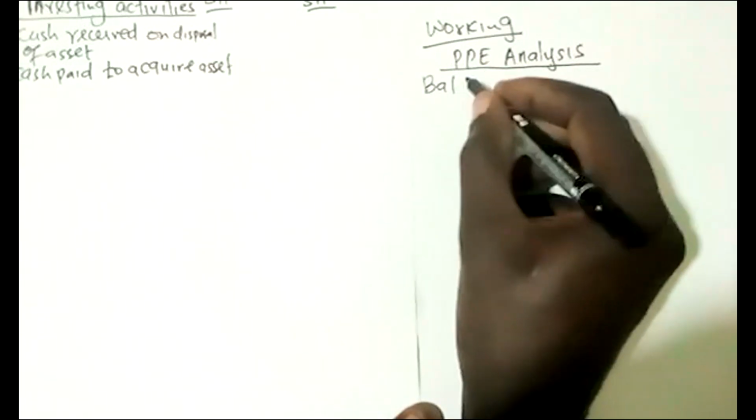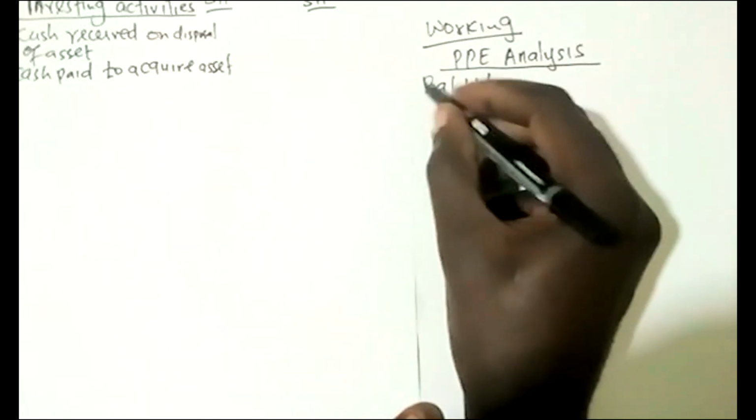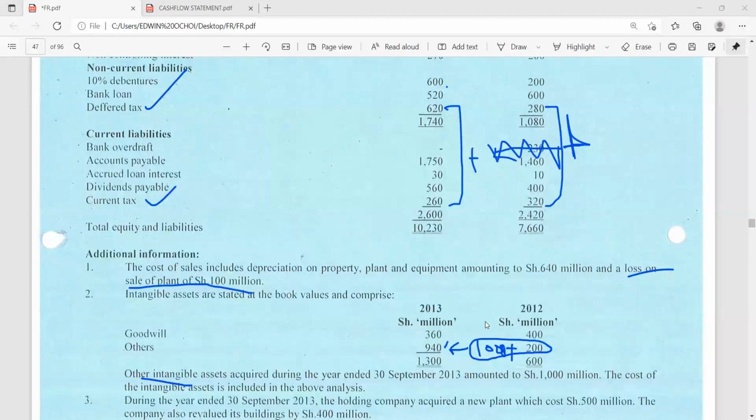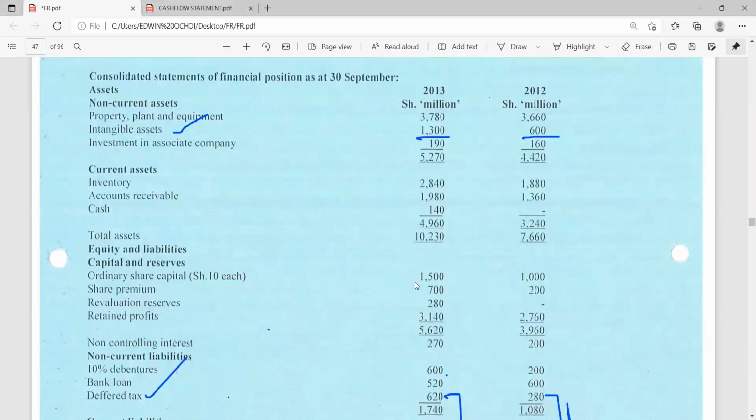So the balance brought down here is 3660.